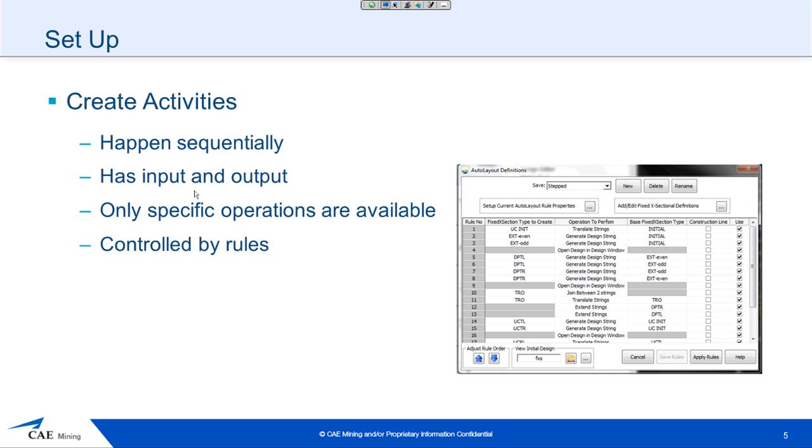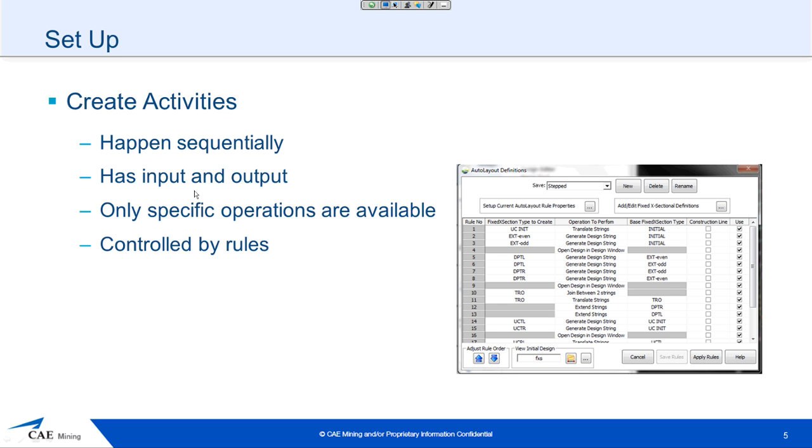So with that in mind, we need to make sure that each activity feeds the next activity the information that it needs. So an activity has an input and an output. Here in the image we see the base FXS type. So that's what it will use the rules on to create a new type.